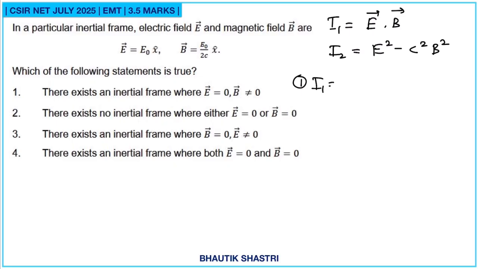Here we have I1 is equal to E dot B. This is x cap, so this will be E naught square by 2C, which is not equal to 0. That means this electric field and magnetic field are not perpendicular to each other.